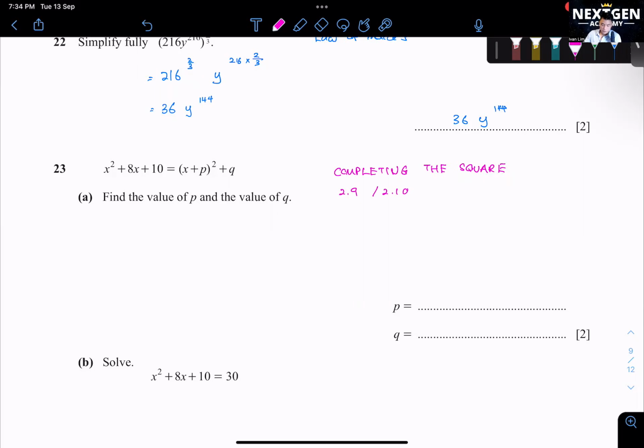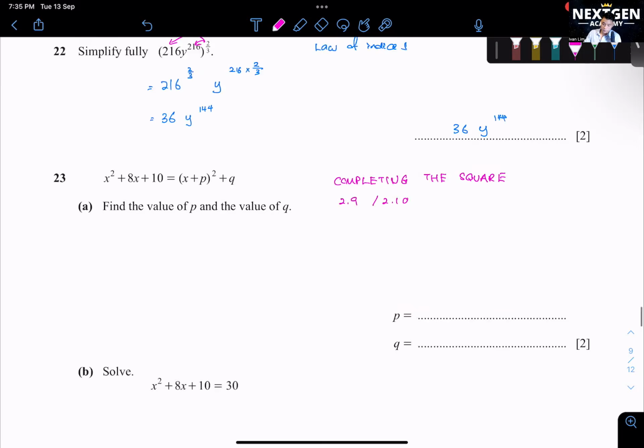You don't get 36? You are using an MS calculator, right? I know why you don't get 36. When you type in the calculator, you need to bracket the 2 over 3. This is a common mistake. You write 216, then power, then bracket 2 over 3.